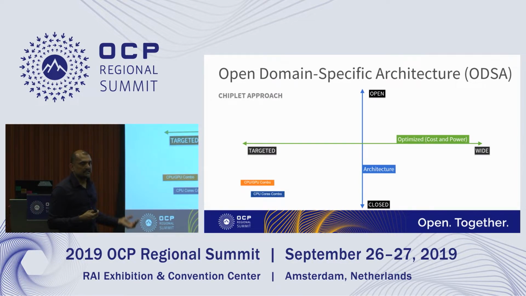And there are examples in the industry such as Intel's Kaby Lake G, which has a CPU-GPU combination targeted for graphics applications, or AMD's very famous EPYC line of processors, EPYC 1 and this year EPYC 2, which is a combination of CPU cores and memory IOs.